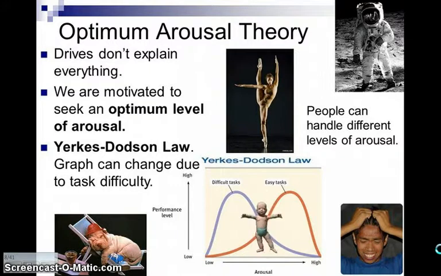But in general, the Yerkes-Dodson law says that we tend to perform difficult or newly learned tasks better at a lower level of arousal, but we tend to perform very easy or well-learned tasks at a higher level of arousal.